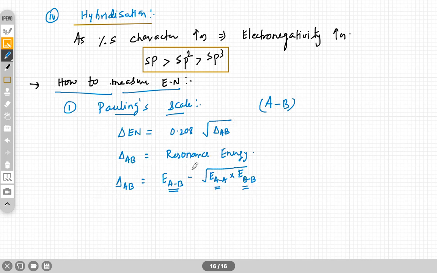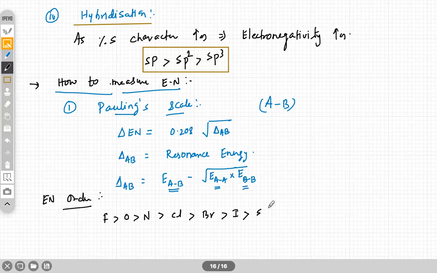On this Pauling scale, Pauling was a scientist. He calculated the electronegativity for various elements. And the order that we get here, write down the electronegativity order: fluorine, then oxygen, then nitrogen, chlorine, bromine, iodine, then sulfur, all these elements.